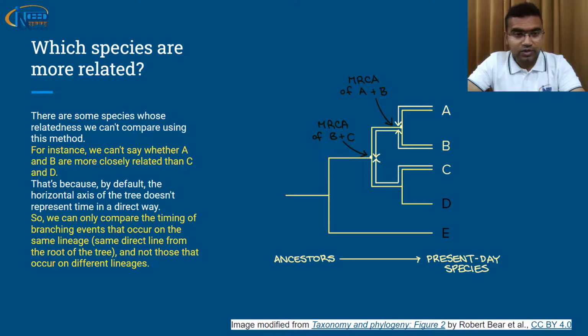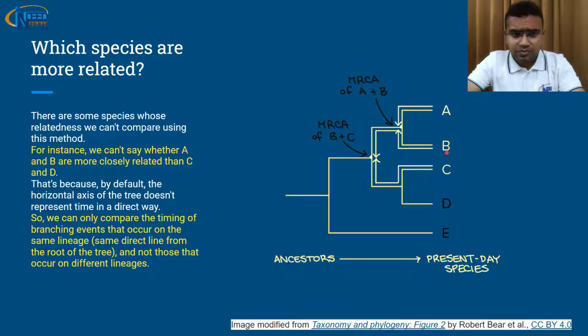Now, sometimes we cannot identify very strong relationships. Why? Because A and B have a very close MRCA, but A, B, and C are not that close. So we can't say whether A and B are more closely related than C and D in this particular case.